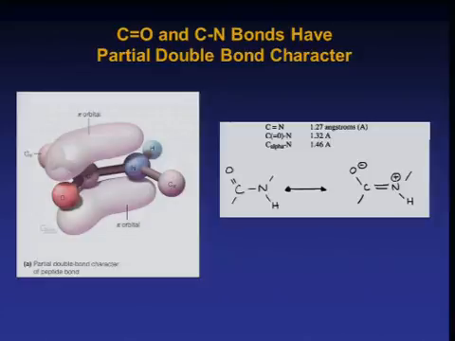The carbonyl oxygen of the peptide bond is what? Slightly negative. So these secondary structures are being stabilized only by hydrogen bonds involving the main chain atoms, and they're only carbonyl oxygens and the amide hydrogens. And we'll see what those look like.